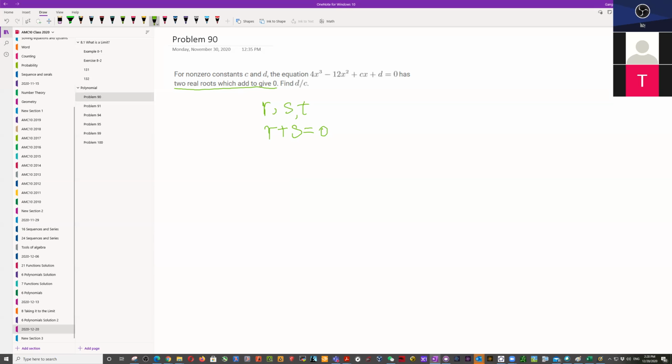And then we will have the Vieta formula, which basically is just telling you that the cyclical sum of the roots is equal to the ratio of the coefficients. So the cyclical sum is basically like R plus S plus T. You just have to get used to it.